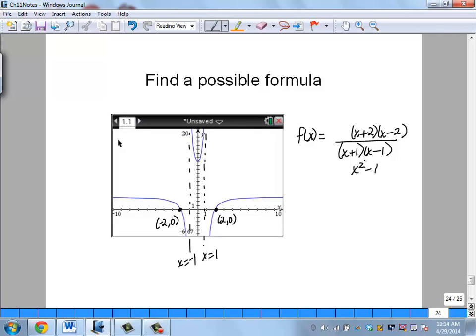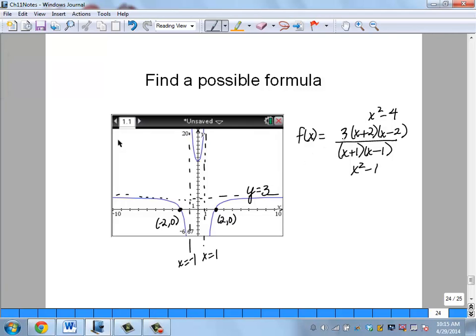I've got the vertical asymptotes. Now the other thing I have to find out is where this is leveling off. It looks like 1, 2, 3. It's not really crossing, but it looks like it has a horizontal asymptote at y equals 3. If I multiplied this out, it'd be x squared minus 4. I have to make sure that if I'm going to use the numerator and denominator to find the horizontal asymptote, it has to be a 3.